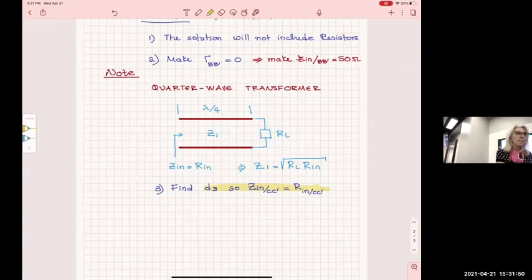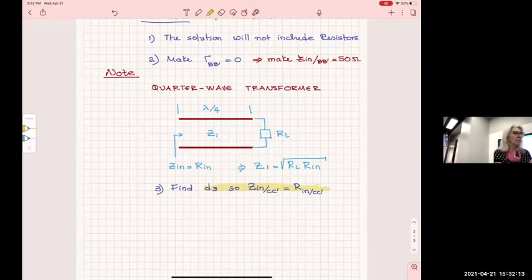So in reality, everything has losses. The losses, however, if they are low, because high losses, who's going to use a transmission line with high losses? So low losses do not affect the characteristic impedance. They mostly affect the propagation constant, beta. They will introduce, like gamma we call, an attenuation factor.